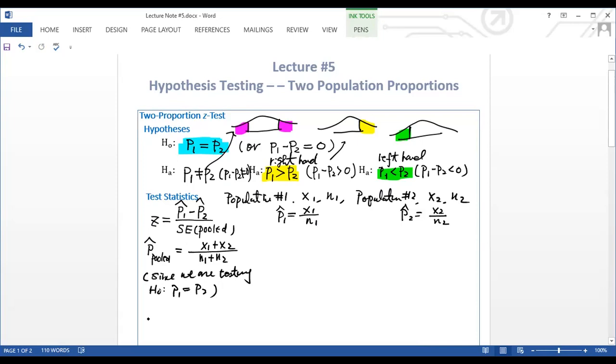So after you pool, what is this SE pool?